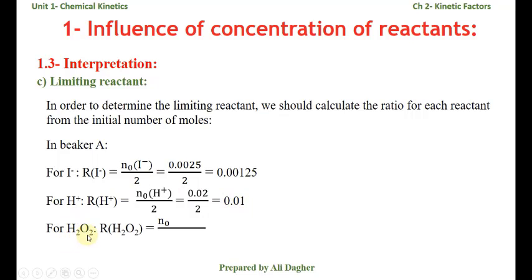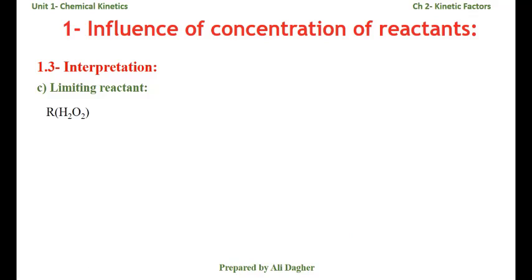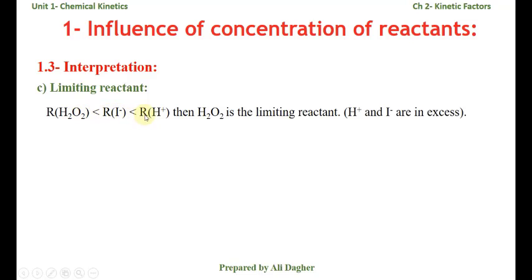For H2O2, the ratio equals N0 over 1, equals 0.00045. By comparing the three ratios, we found that the ratio of H2O2 is less than the ratio of I-, which is less than the ratio of H+. Then H2O2 is the limiting reactant while H+ and I- are in excess. The same for beakers B and C. In the three beakers, H2O2 is the limiting reactant.